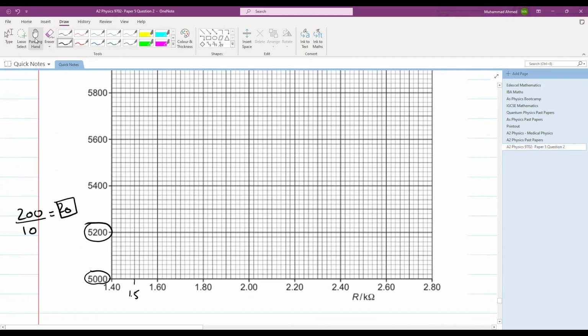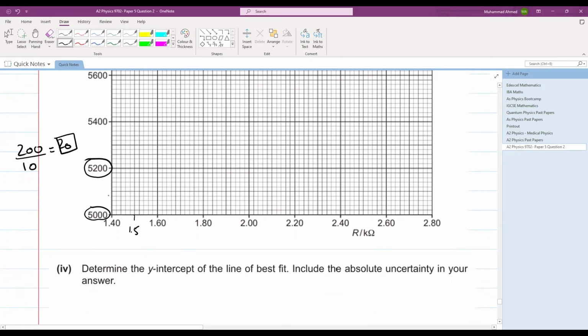Now you know that the middle line will be 5100. This will be 5120, this will be 5140, and this middle portion, let me mark it in red, will be 5150. Perfect. So let's mark the point here. I prefer marking a dot and then encircling it like this.